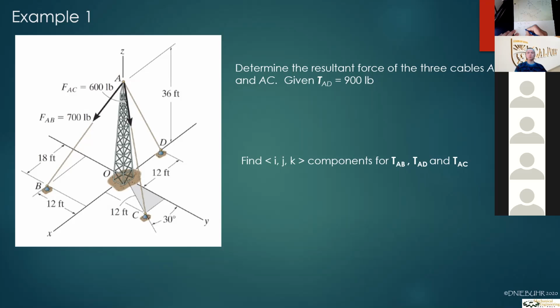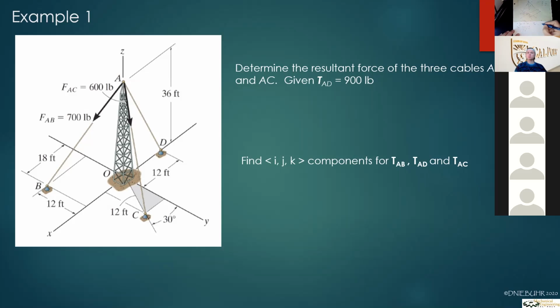So 700 cosine 31. And because it's going down, you have to add a negative sign in front. Okay? And so that ends up being, that equals 600 pounds.